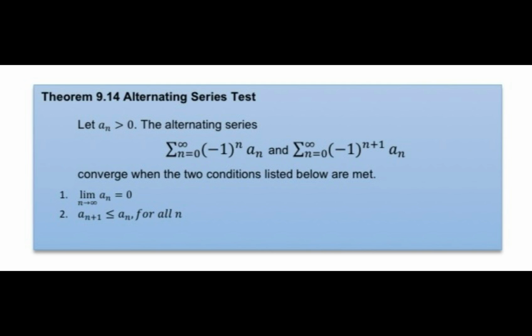So the two conditions are, first, the limit of a sub n as n approaches infinity must be equal to 0. Second, a sub n+1 must be less than or equal to a sub n for all n.